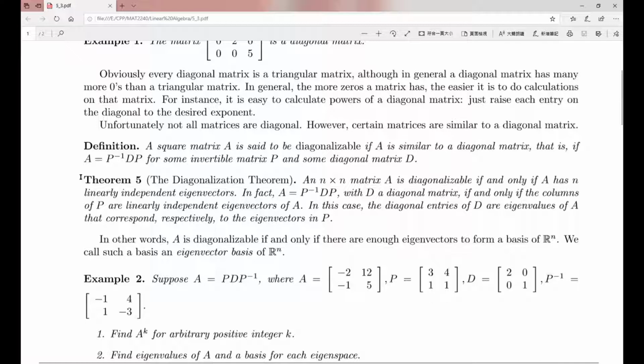In fact, A equals P D P inverse with D a diagonal matrix if and only if the columns of P are linearly independent eigenvectors. So the columns of P are your linearly independent eigenvectors. In fact, the diagonal entries of D are the eigenvalues of A that correspond respectively to the eigenvectors in P. So once you have this equation, A equals P D P inverse, we are able to find all the eigenvalues and all the eigenvectors.